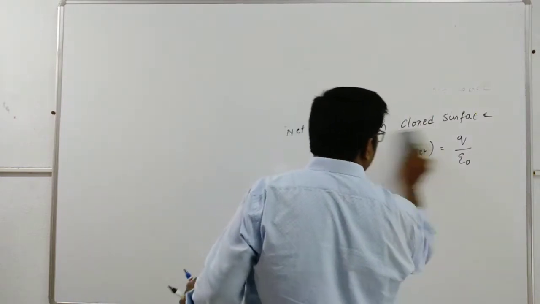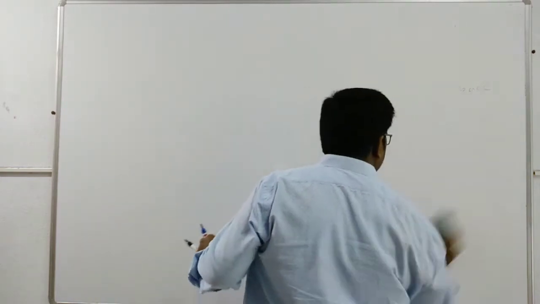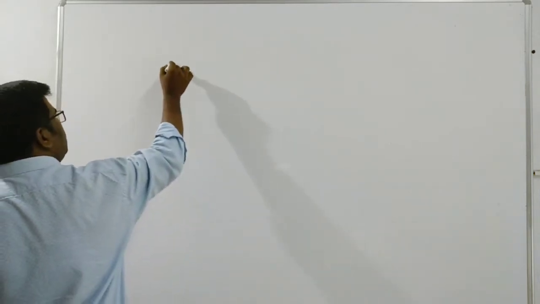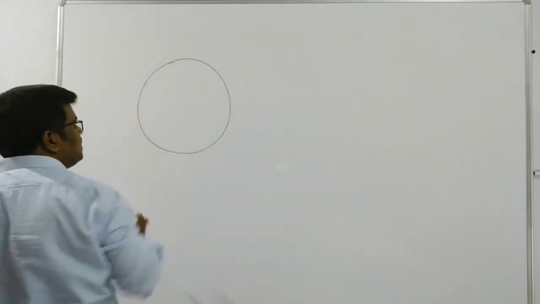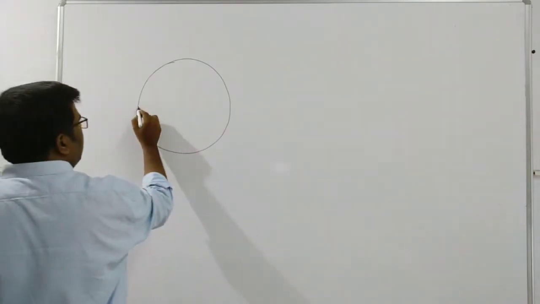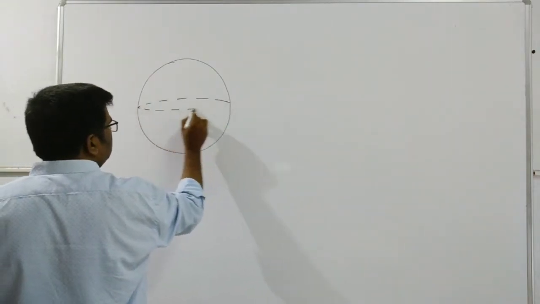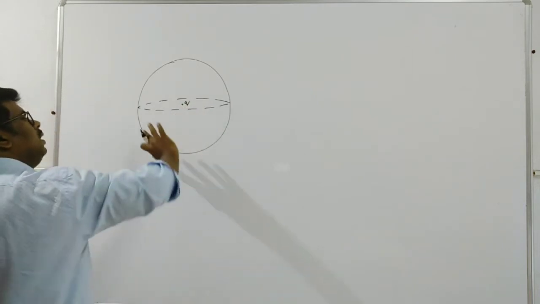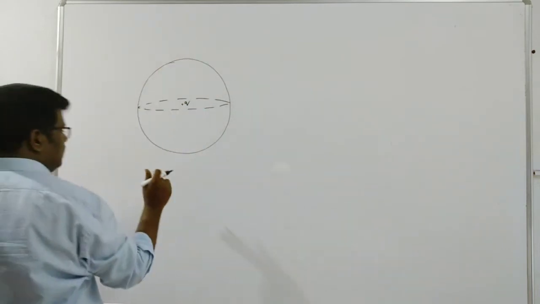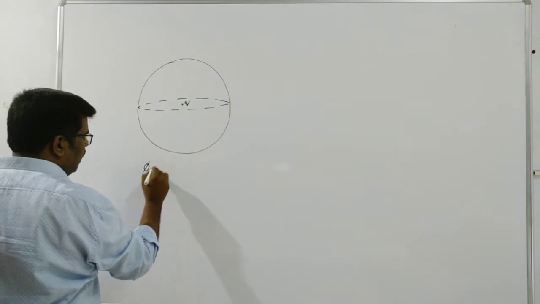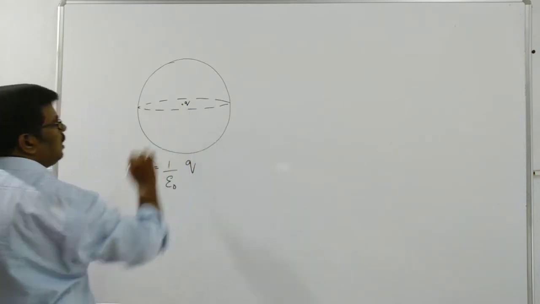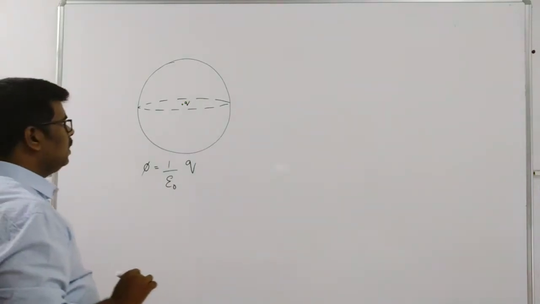For example, if a sphere is there, and exactly at the center a charge Q is located, the total flux through this closed surface is phi equal to 1 by epsilon naught times the net charge enclosed by it.